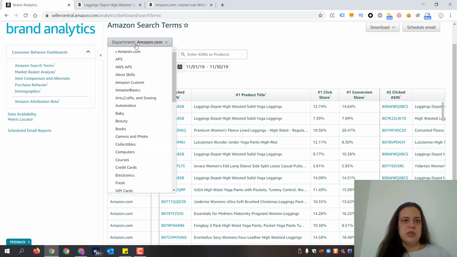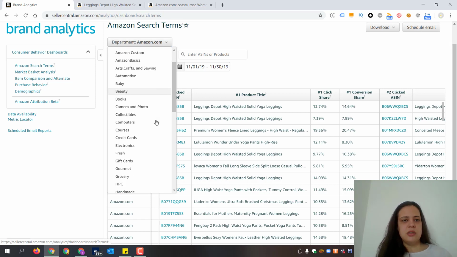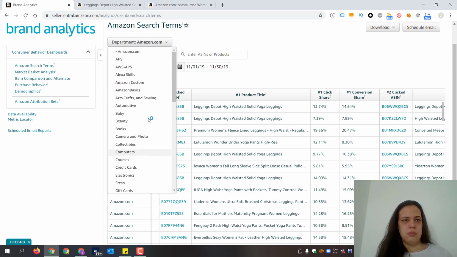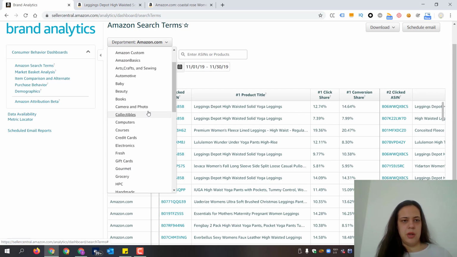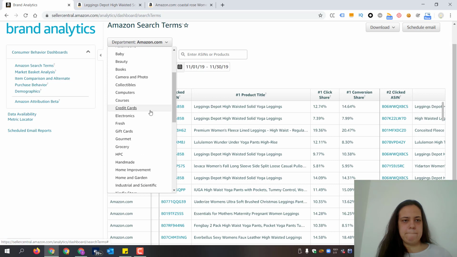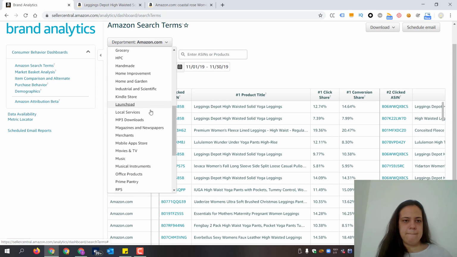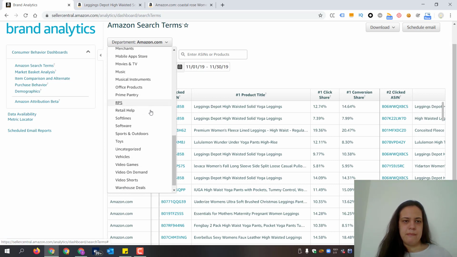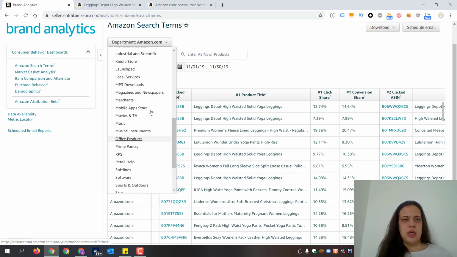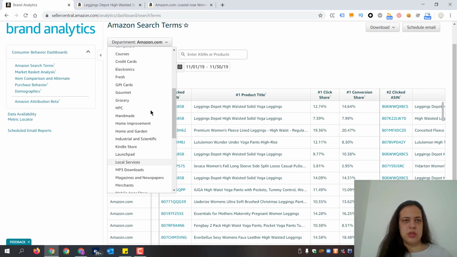First of all, you can set here the department. This means you can look at the search term reports through a category that you sell in. Like, for example, if we're selling leggings, then we're going to choose apparel, if there is apparel or clothes. It doesn't look like they have this option here.